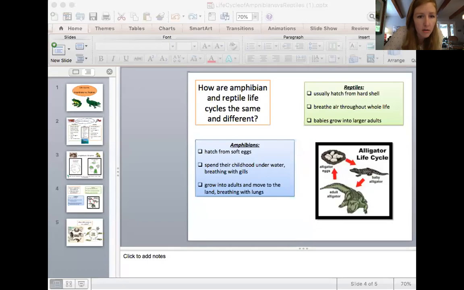I have a PowerPoint to share with you on their life cycle, because it is actually quite different from the life cycle of an amphibian. So here we go. Nope, not this one. Stop the share. Here we go.